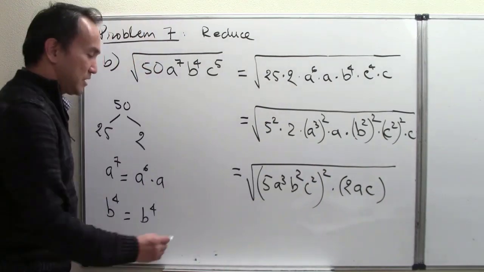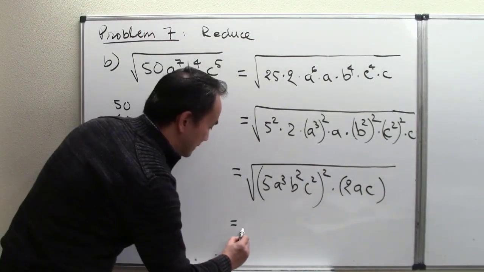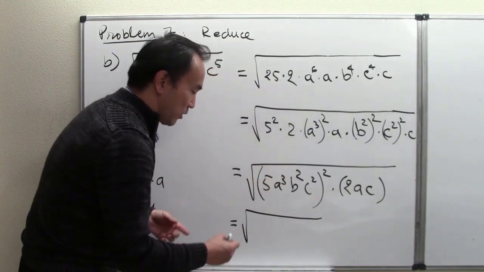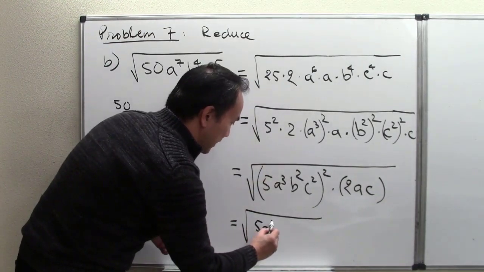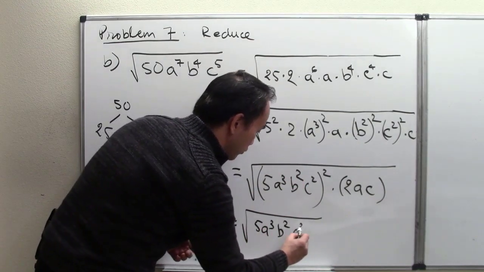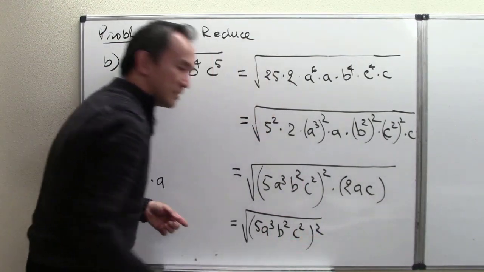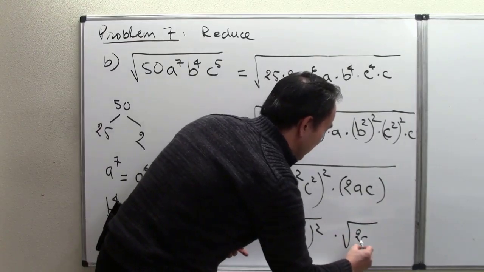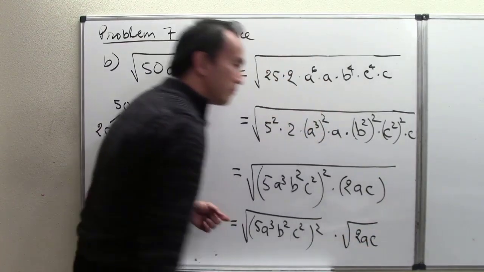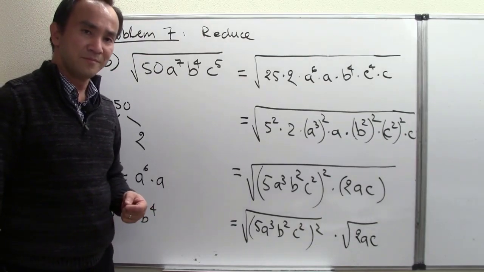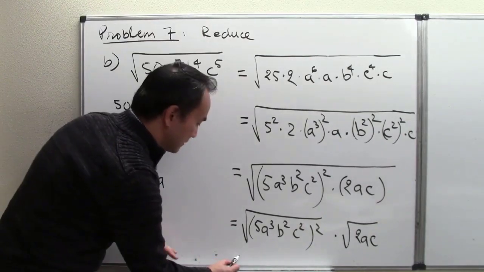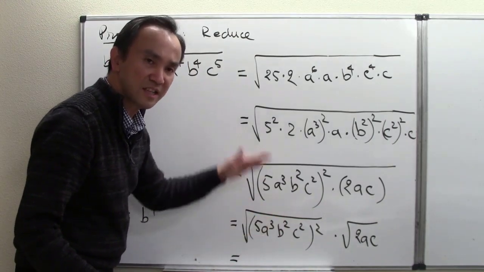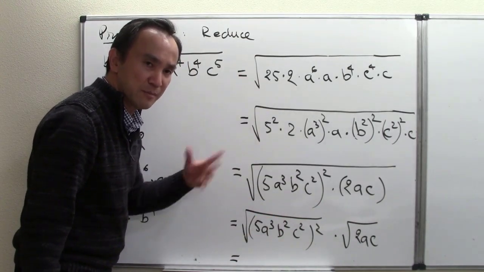All right, but now the product property applies here for square root. We can have 5a cubed b squared c squared as a separate square root, multiplied with the square root of the irreducible non-perfect square 2ac. And now getting the square root of this is just exactly like the work we have done in some of the earlier examples and demonstration problems.